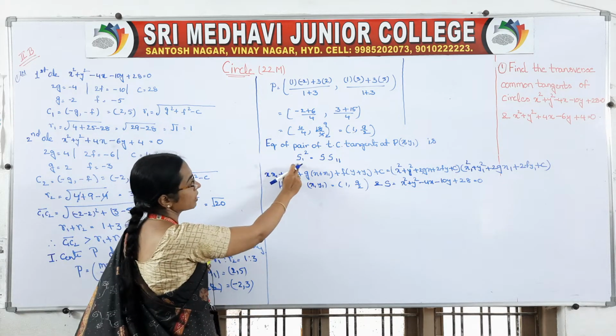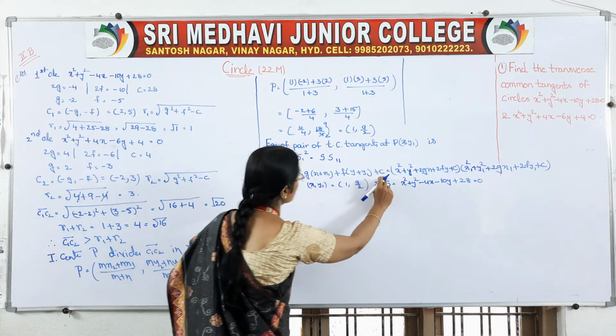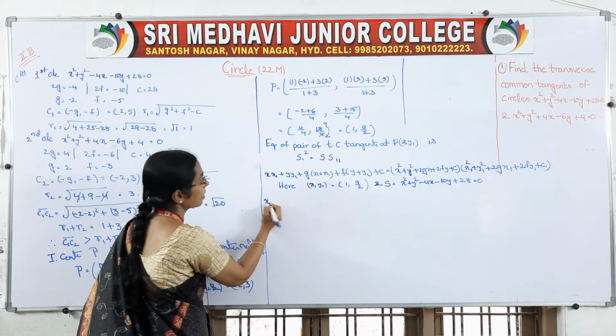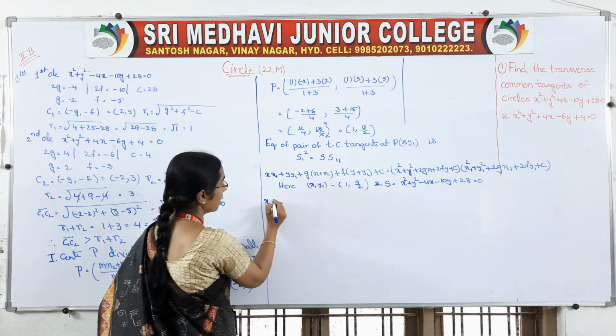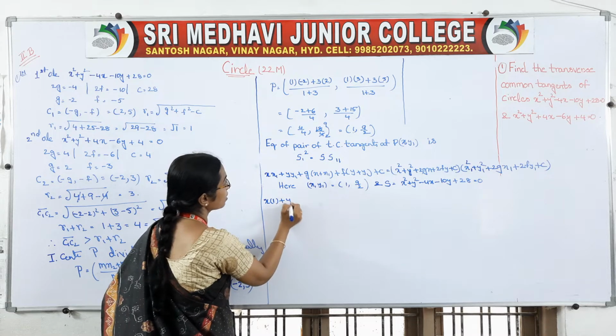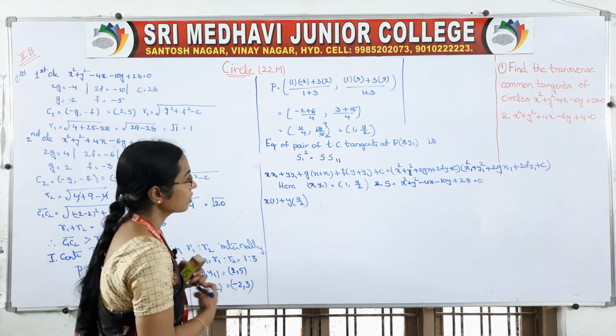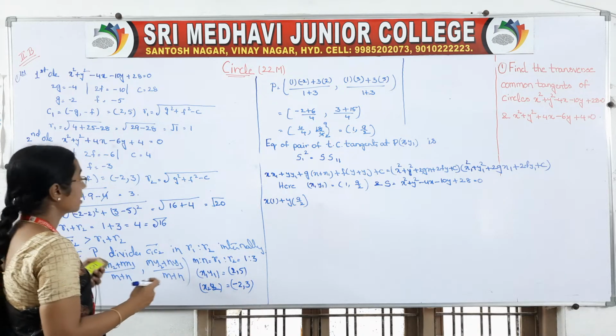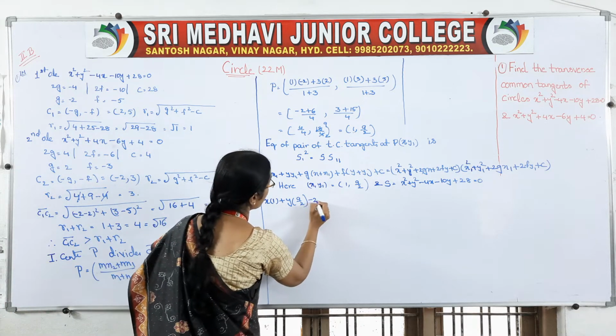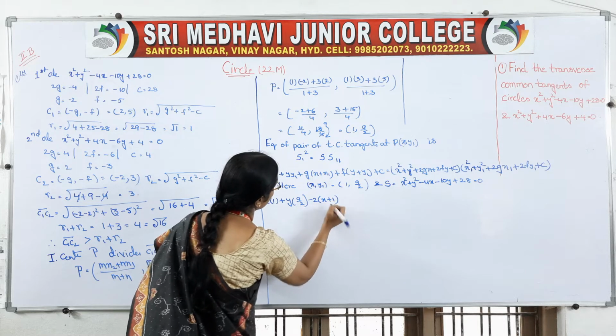So come on, S1 square. For this we take x1 is 1, substitute carefully, plus y1 is 9 by 2. And for the first circle, what is your g? Minus 2. So minus 2 into x plus 1.